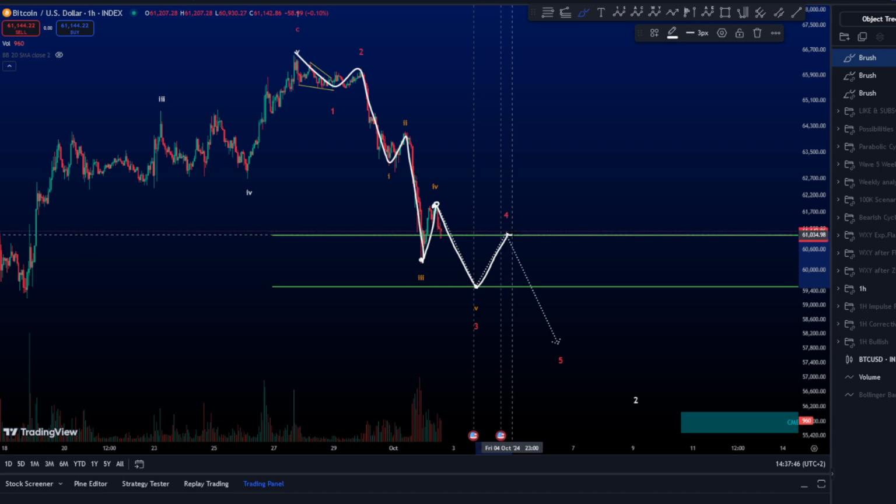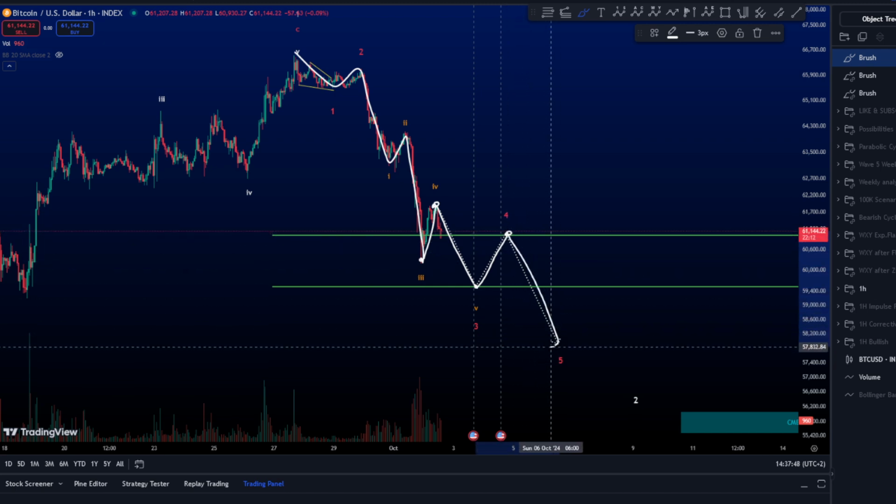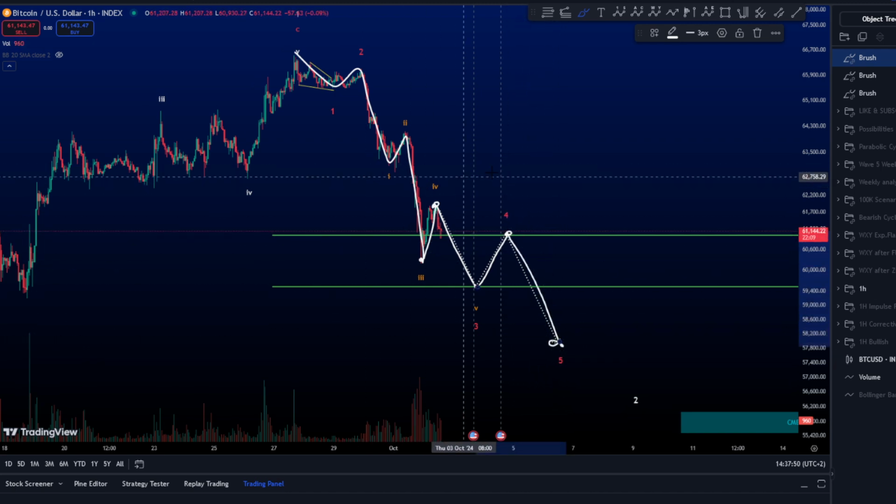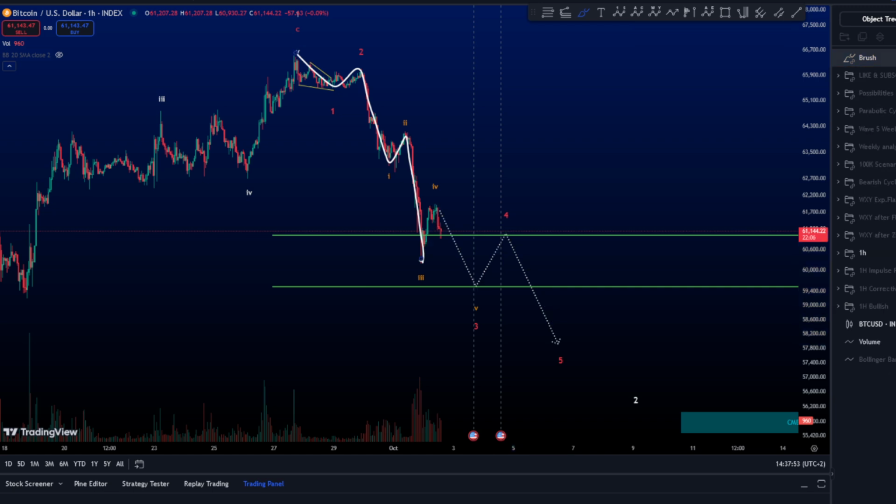After this, you want to see a finished 4 and a 5 wave, finishing this whole double impulse towards the downside.